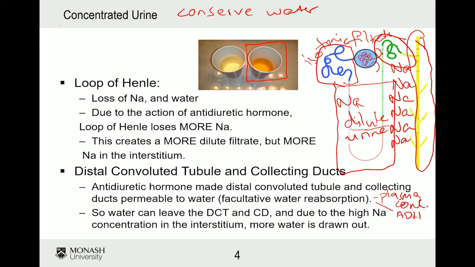So now water can leave the DCT and CD, or distal convoluted tubule and collecting duct, and due to the high sodium concentration in the interstitium, more water is drawn out. So let's have a little drawing here. We've got sodium in the interstitium, we've got cells here of the tubule, and then we have the filtrate here.